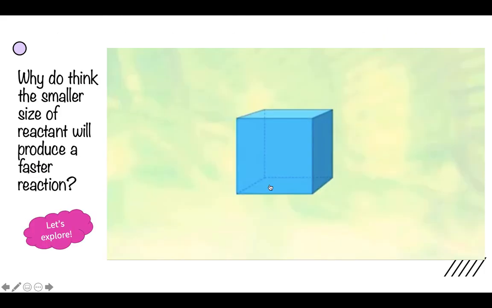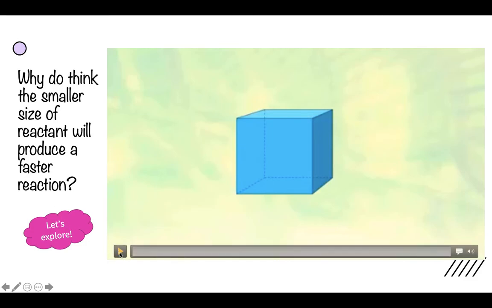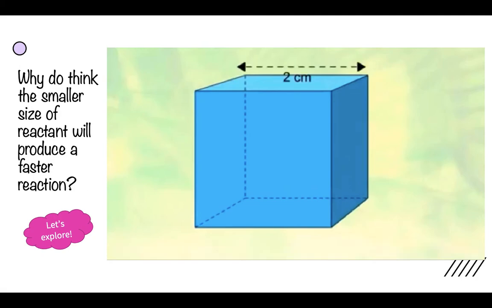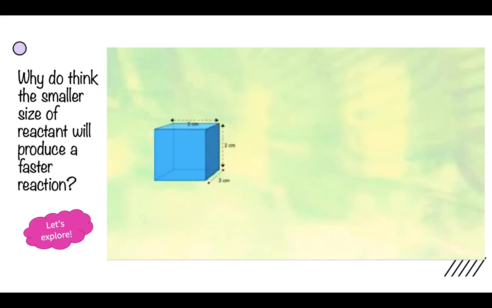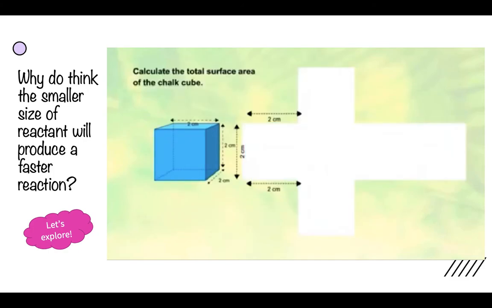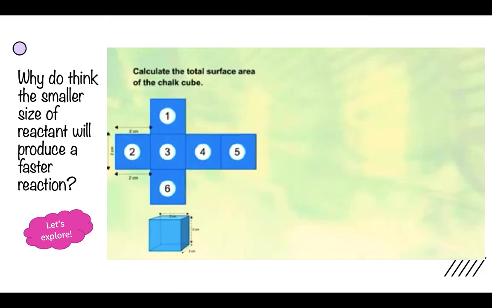Okay, so why do you think the smaller size of reactant will produce a faster reaction? Okay, so this is the explanation. Let's listen. Let's take an example of a chalk cube measuring 2 centimeters by 2 centimeters by 2 centimeters. A cube has 6 sides in all. Calculate the total surface area of the chalk cube.